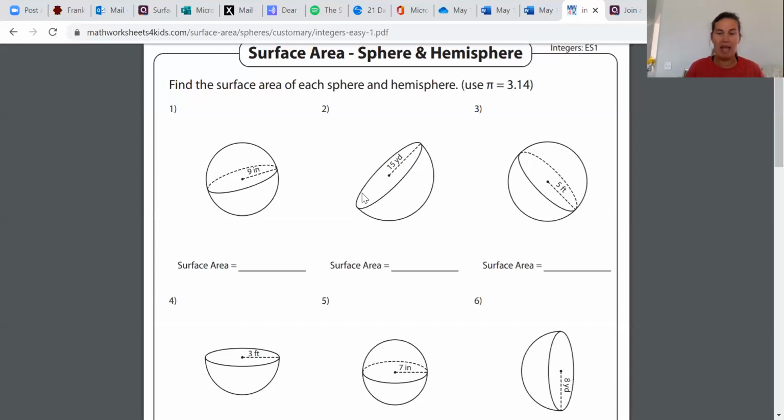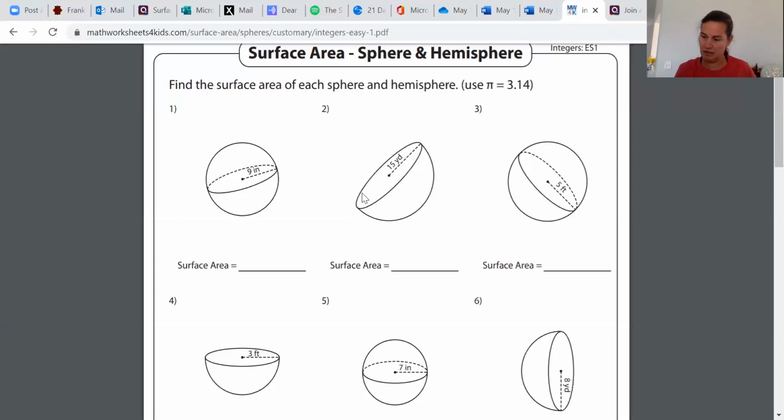So I have 56.52, which would be half of the sphere if I did not have to add back on the flat part that is now going to close it. If it was just a sphere without the bottom part closed, this would be your answer. But since that is closed, I now need to add on pi r squared, which is the area of that flat space on top.